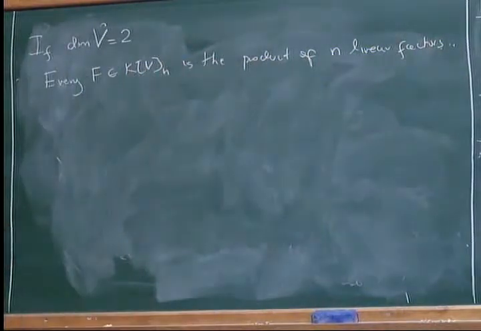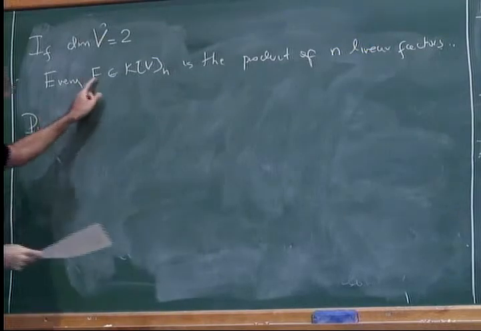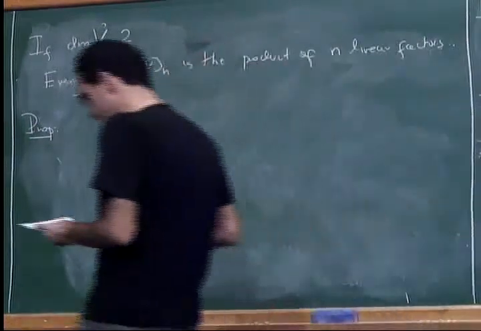Some of them might appear with multiplicity, repeated, and that's what tells us whether this f, or rather the corresponding point in the projective space, is semi-stable or properly stable.